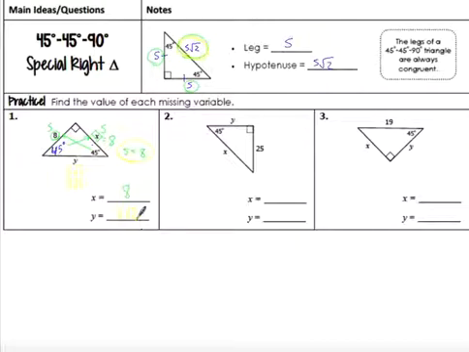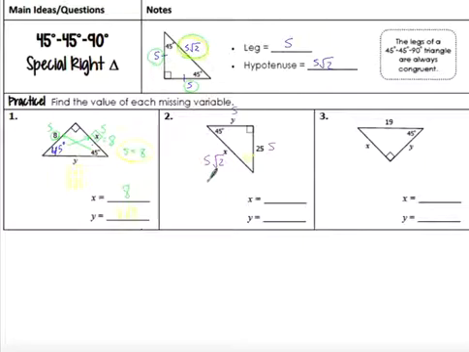I'm going to show you a couple more as well. So, number 2. We're looking at number 2. We've got a 45, another 45-degree angle right there. And then remember, our two sides are S, and then S root 2. Well, we think, okay, which of these sides do we have information about?